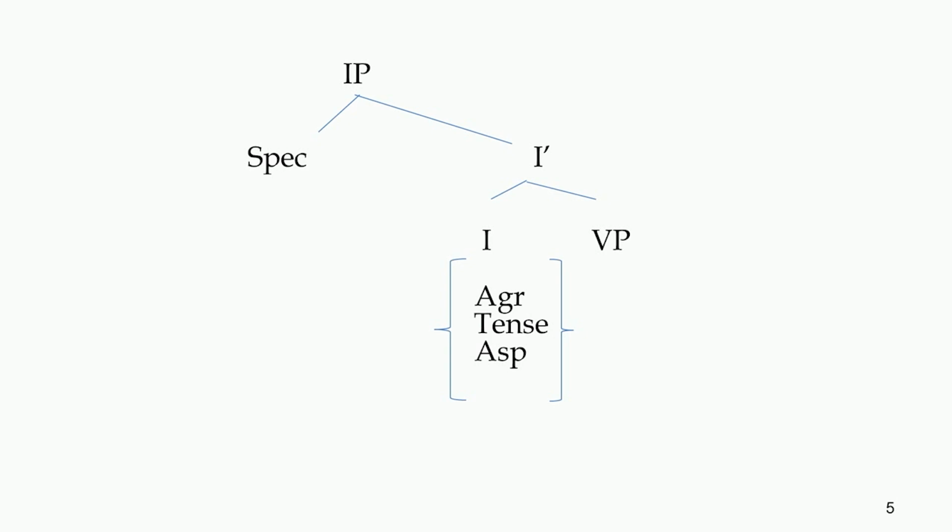For us here to understand, besides I being bundle of features, it's also that IP is a sentence, and maintaining the integrity of phrase structure, we want to call a sentence also as an IP. And then we have VP as the complement of I and subject in the specifier position of the IP.